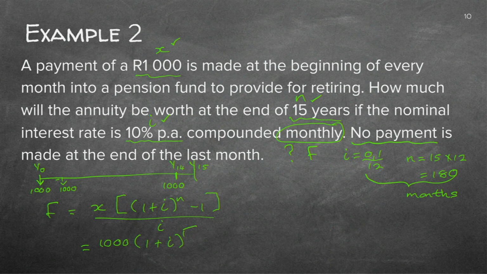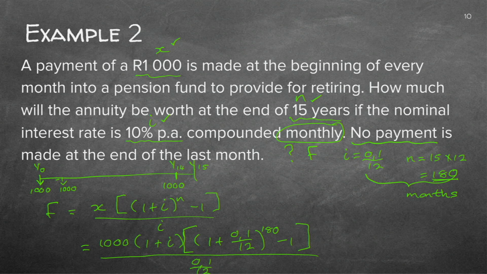Now I make my big bracket. 1 plus I, which is 0.1 over 12, to the power of 180. I worked it out there, 180 on the right-hand side, minus 1, all over 0.1 over 12.